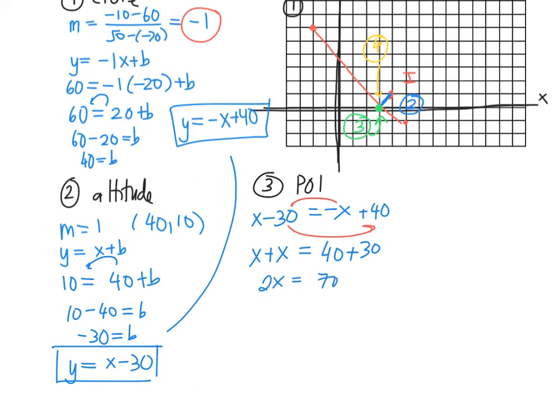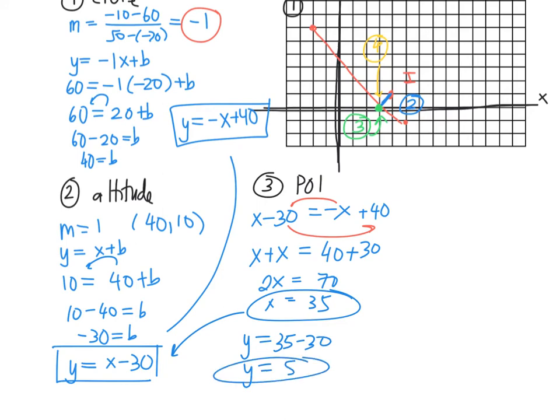So 2x equals 70. Divide both sides by 2, and you get 35 for x. Now that we have our x coordinate, let's sub it into either equation. I'm just going to sub it into that second one. So 35 minus 30, and we get 5. So our point of intersection is 35, 5, and our iceberg was at 40, 10.